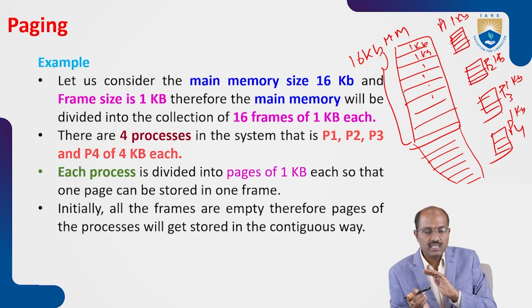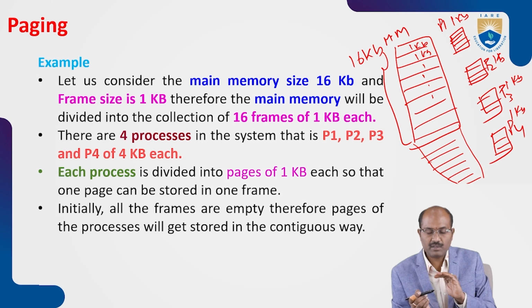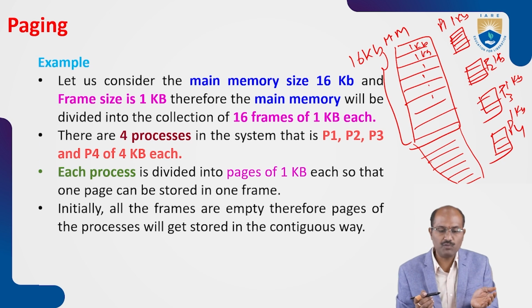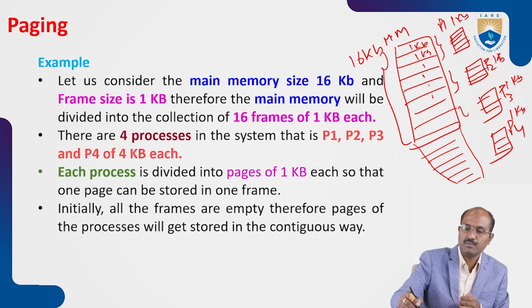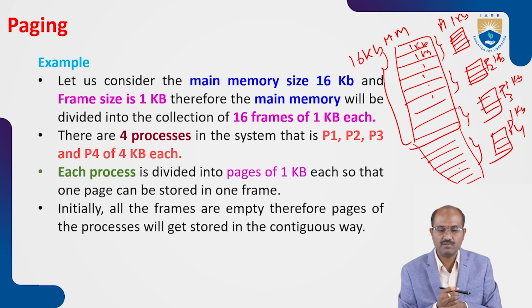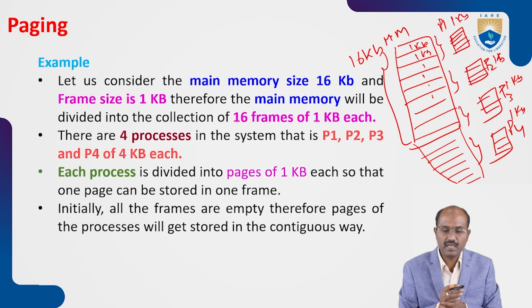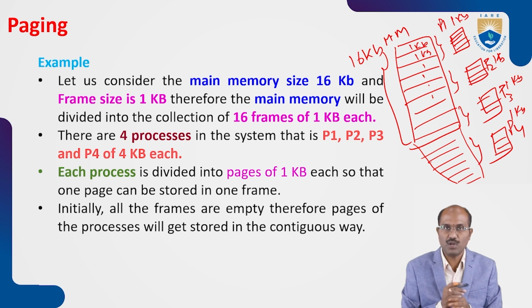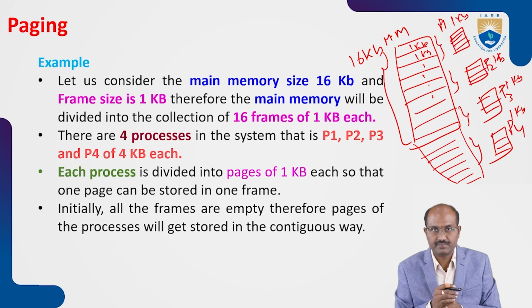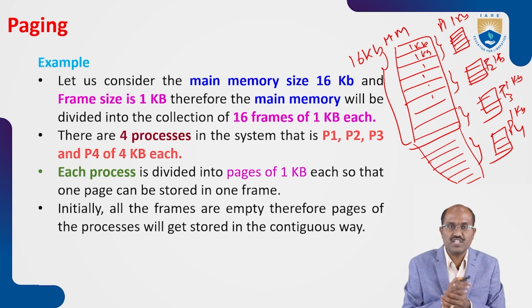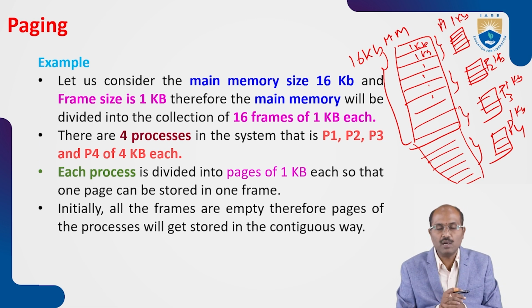Each 1 KB page is stored in one frame. These frames are empty, therefore the pages of the process will get stored in a contiguous way. This contiguous way of allocation is what I am giving as the example.